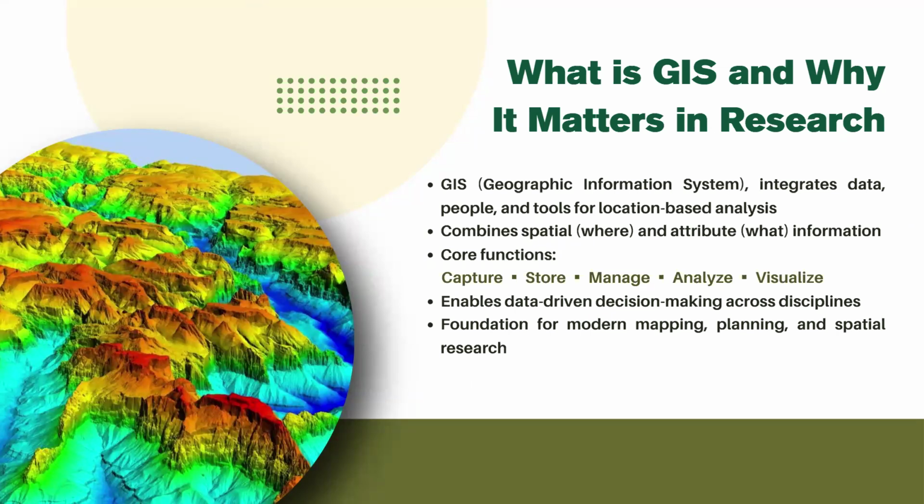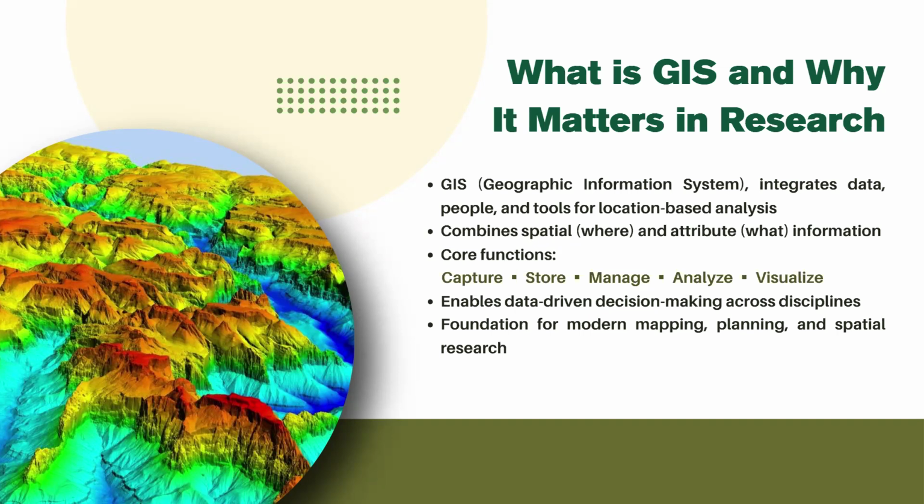So let's start by understanding what GIS actually is. GIS stands for Geographic Information System, and it's much more than just mapping software. It's a framework that combines data, people, hardware, and methods to capture, manage, analyze, and visualize spatial information.